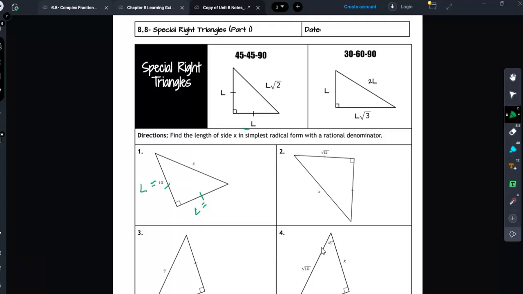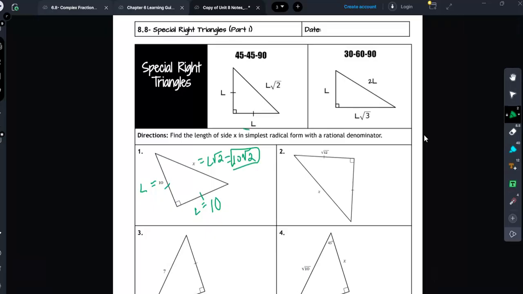If L is 10, it's L. L is equal to 10. And this one is equal to L square roots of 2, which we've decided L is 10. So that's 10 square roots of 2. Final answer. You can't simplify that any further. Okay?